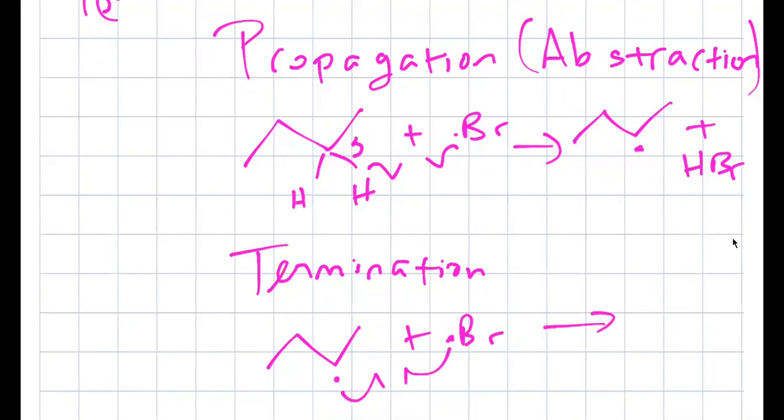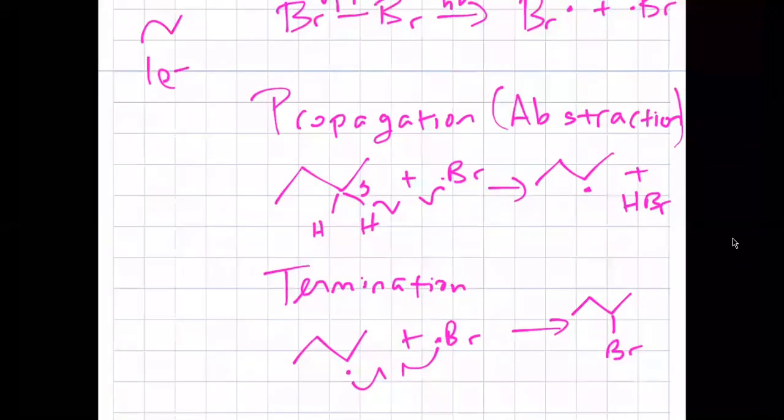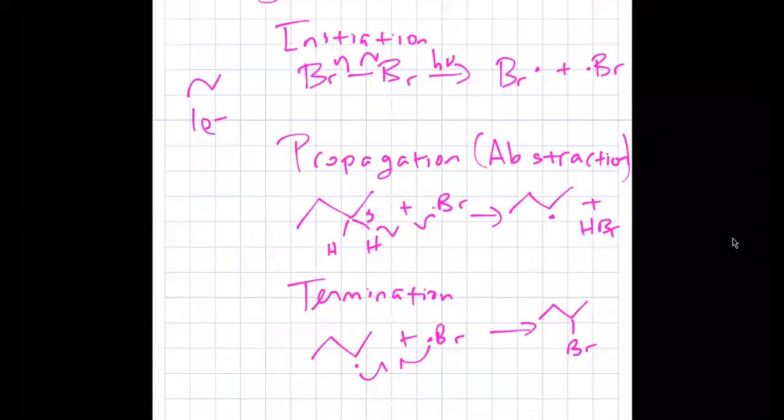So that's one of the products. I didn't show the other one, but it's the same exact mechanism, just on a different carbon. So you have initiation, propagation, and then termination. That's what happens in a radical substitution. That's one way to make alkyl halides.